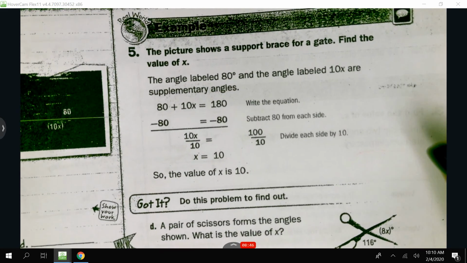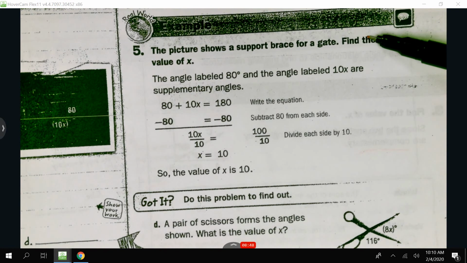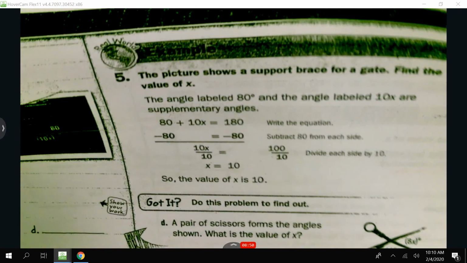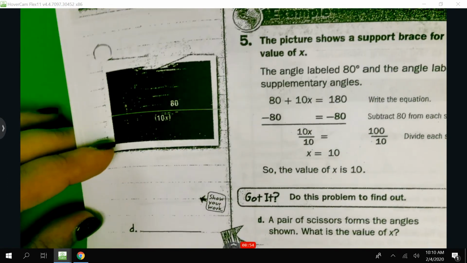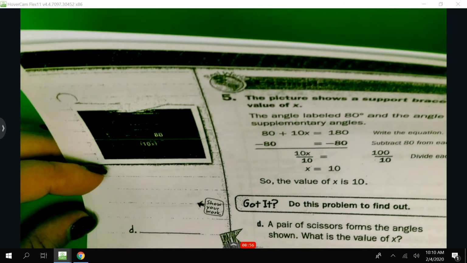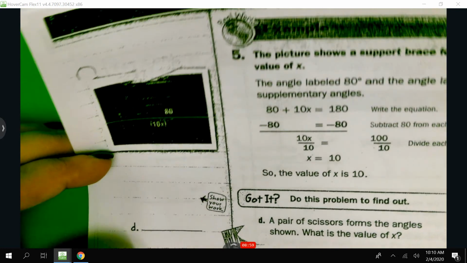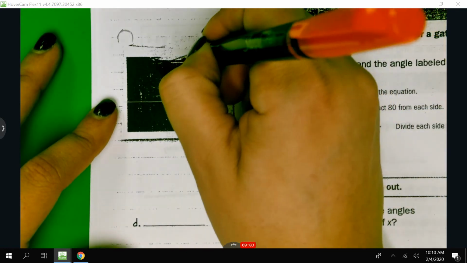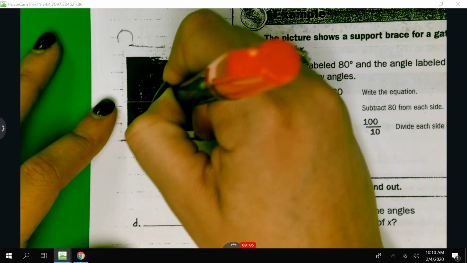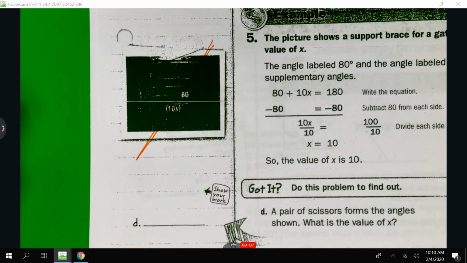Alright, number 5, it says the picture shows a support brace for a gate. Find the value of x. So, it's really hard to find this picture. This is part of it, and then the other line is going like this, I believe.